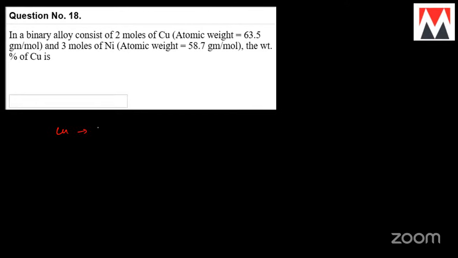So we'll try it. Copper is 2 moles, nickel is 3 moles. The weight percentage of copper: how do you get weight percentage? You need to find out the weight of copper to the total weight. So 2 moles is what? 2 into 63.5. 3 moles is what? 3 into 58.7. So the weight percentage is nothing but 2 into 63.5 by 2 into 63.5 plus 3 into 58.7.